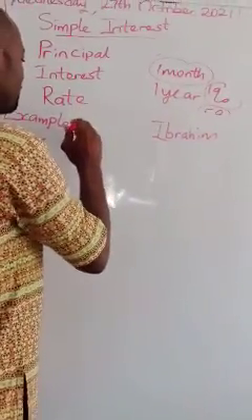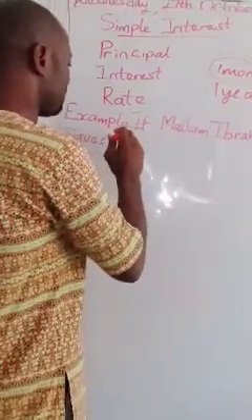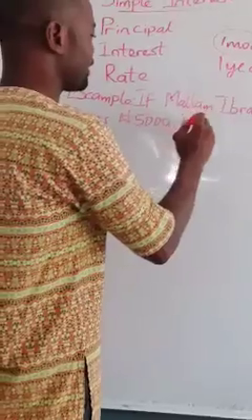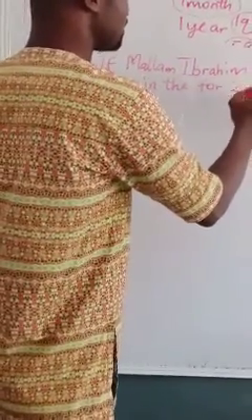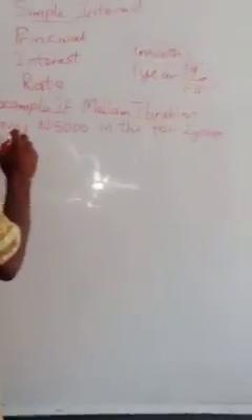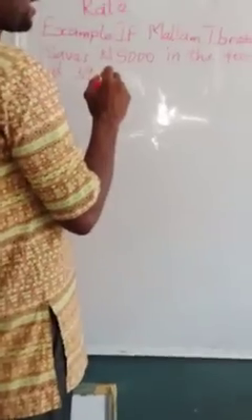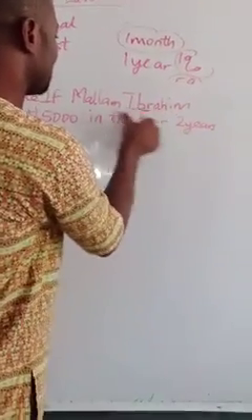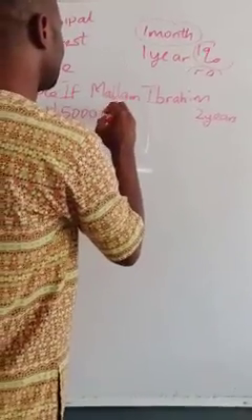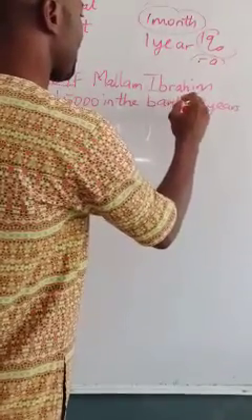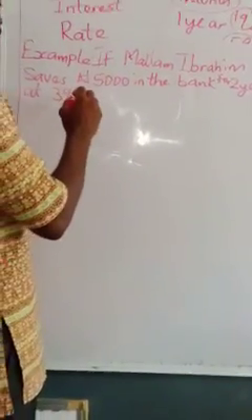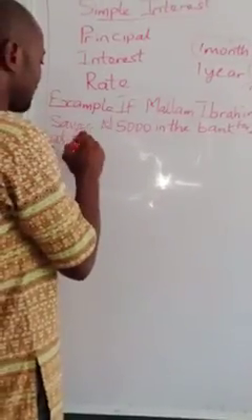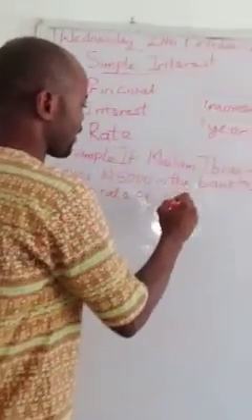If Malam Ibrahim saves 5,000 naira in the bank for 2 years at 3%, at the rate of 3%, now find the simple interest.